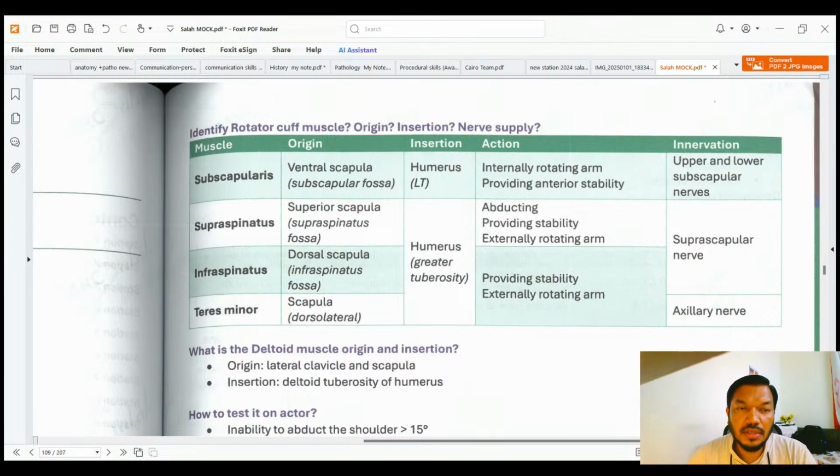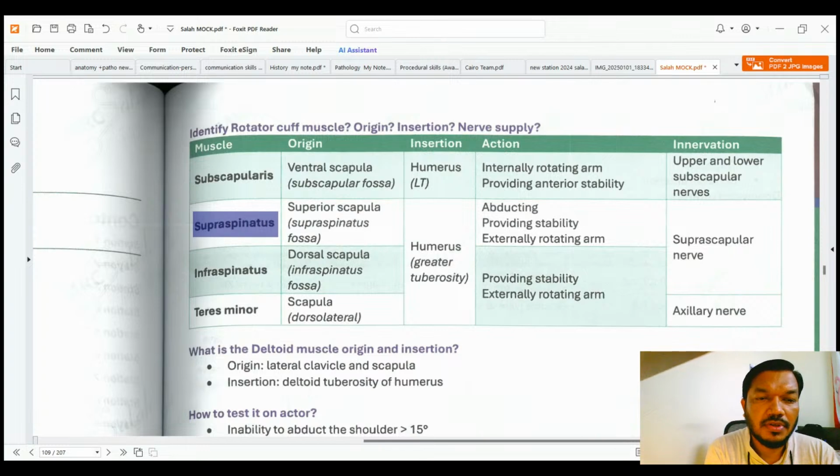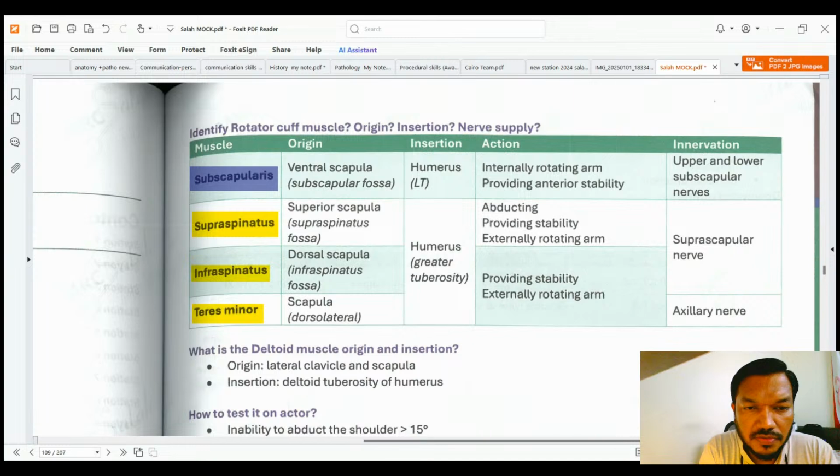Identify the rotator cuff muscles, their origin, insertion, and nerve supply. The rotator cuff muscles are supraspinatus, infraspinatus, teres minor, and lastly subscapularis. Supraspinatus originates from the supraspinous fossa, infraspinatus from the infraspinous fossa, and teres minor from the dorsolateral aspect of the scapula.